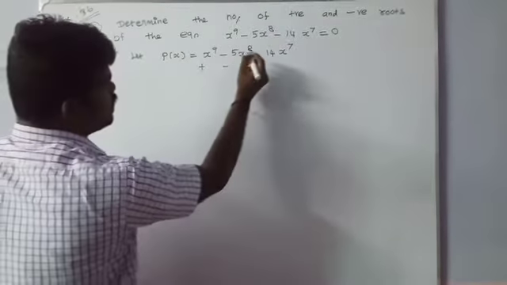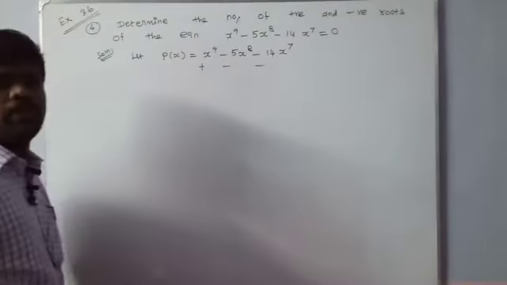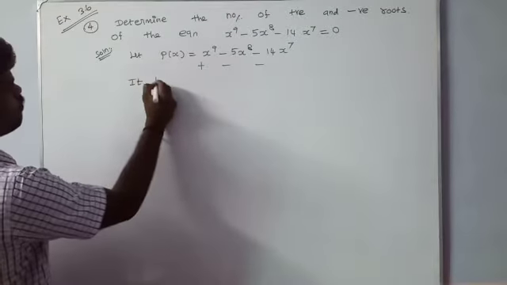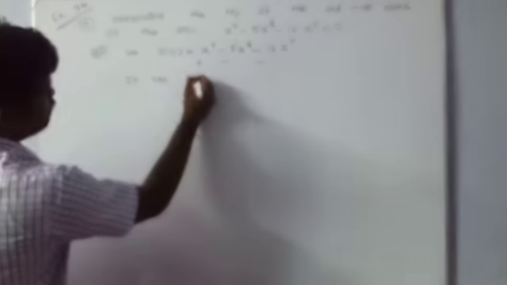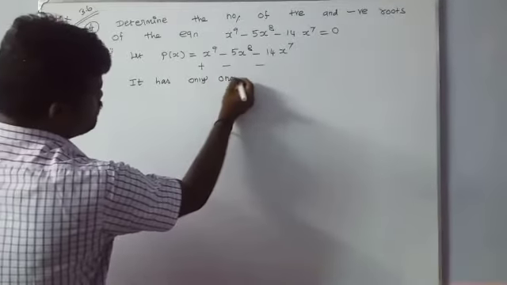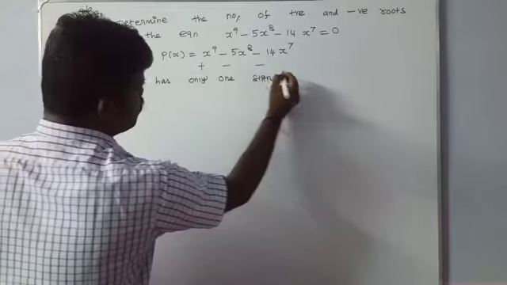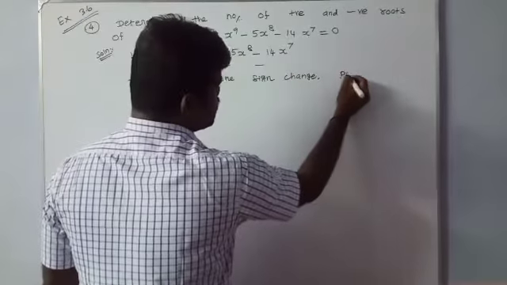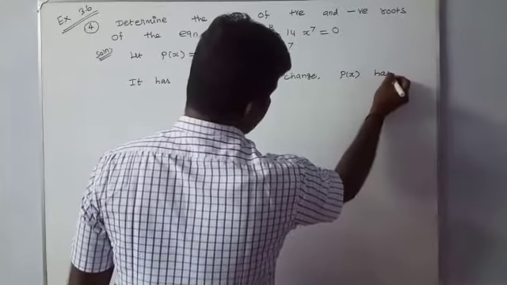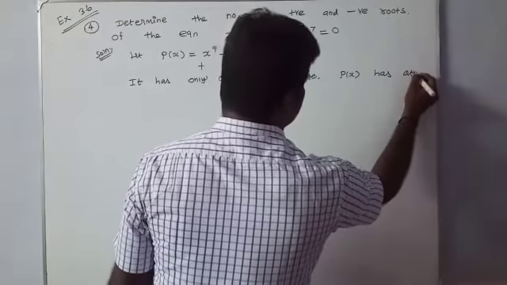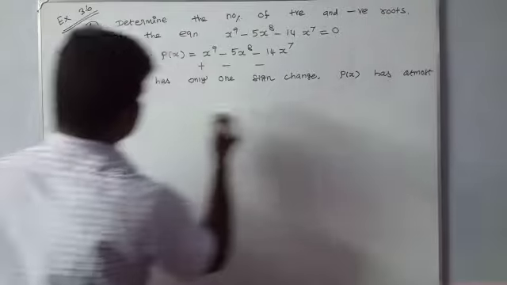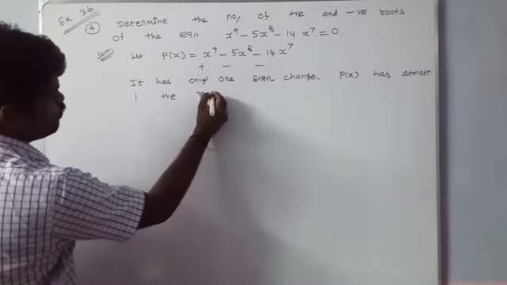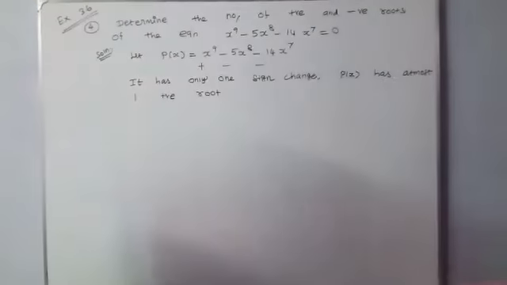Here plus, here minus, here minus. There is only one sign change, so p of x has at most one positive root.